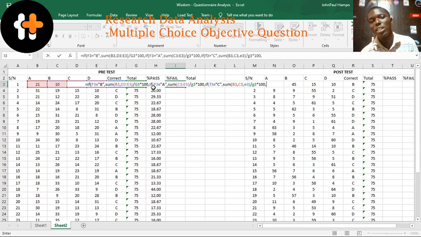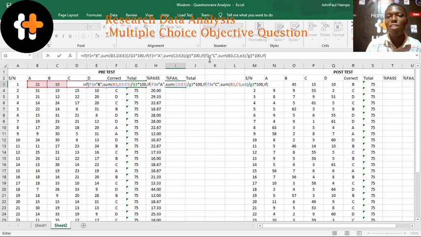So is the next option. If the cell, which is F3, is equal to D, what are we going to do next?